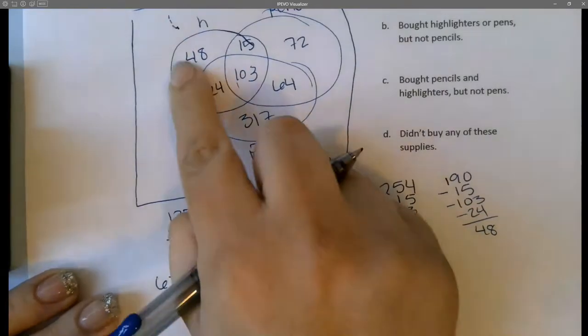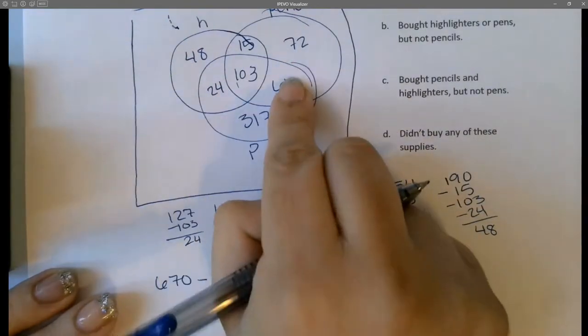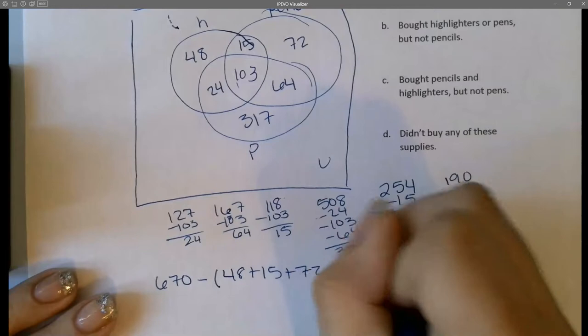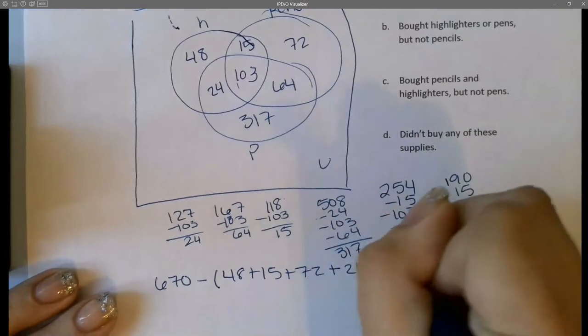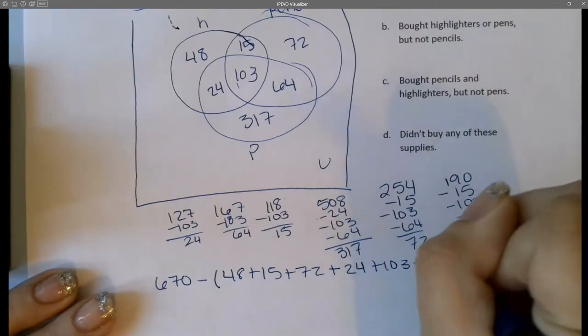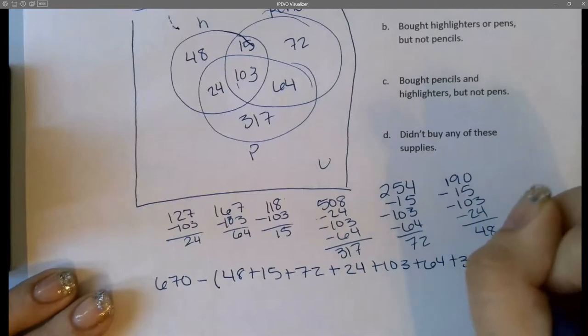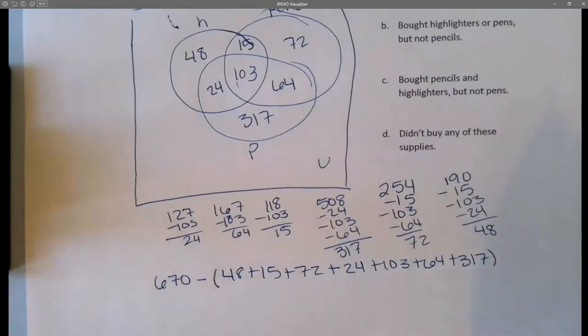When I'm reading this, I like to read from top to bottom straight across. It kind of helps me keep them in order. Okay, so this is how I'm going to write it. So I want to add up all the insides and then subtract from 670.